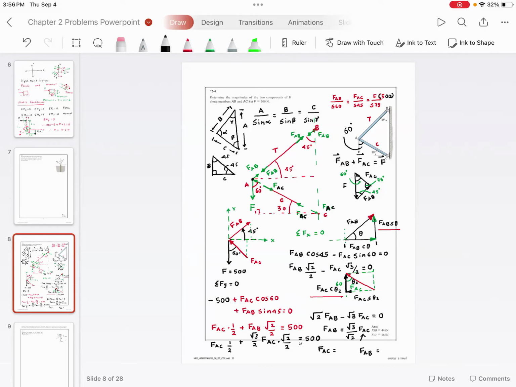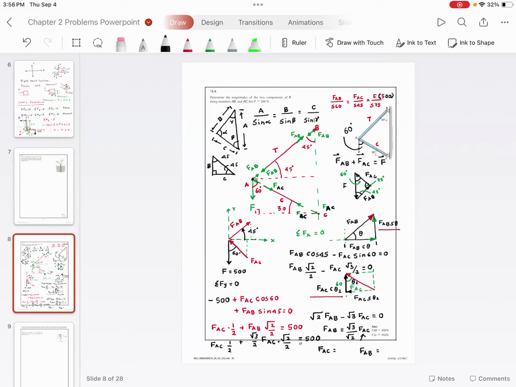I want you to take a look at the problem and tell me if there are any questions. Everyone understood everything? Yeah. So going back to the solve.